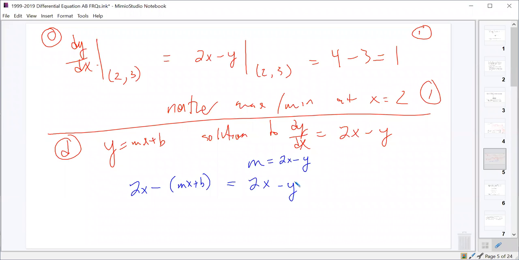Everybody agree with that? How did you get m equals 2x minus y? What'd you do there?